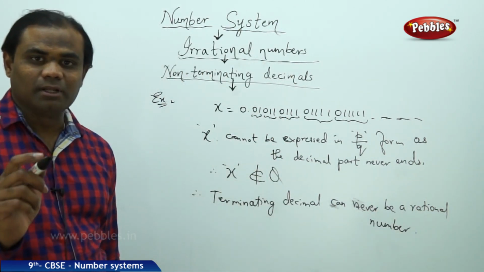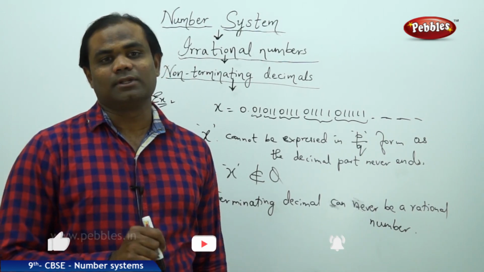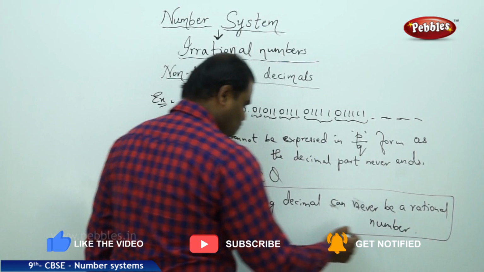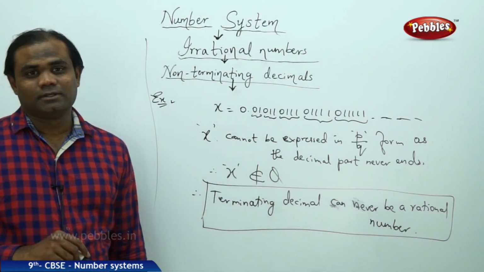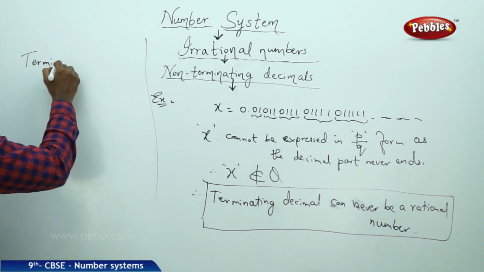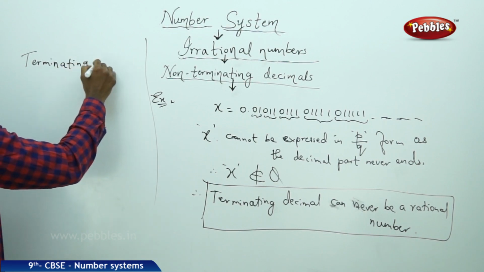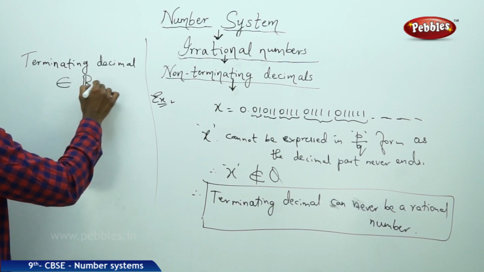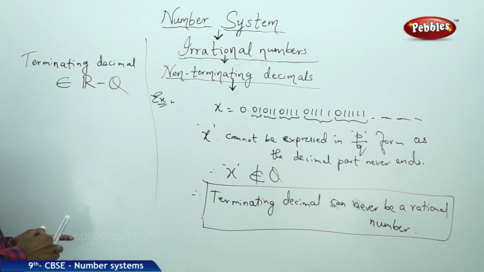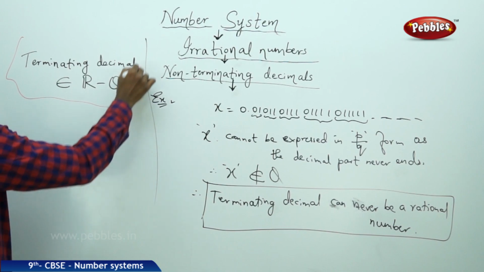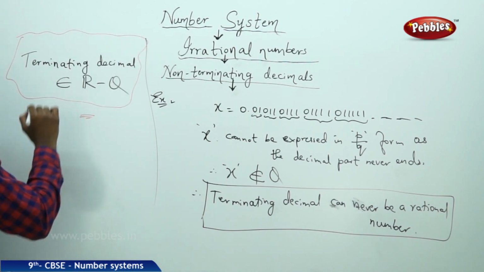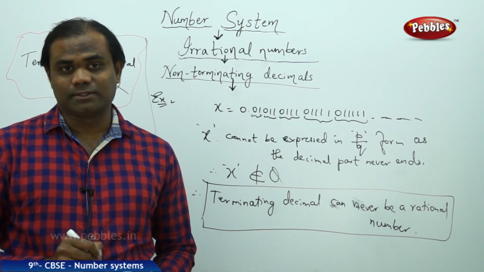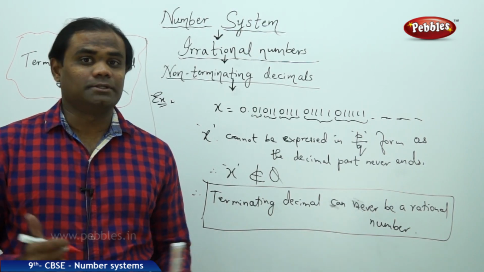A terminating decimal is always an irrational number, is how we identify the property out here. So the outcome is that the terminating decimal belongs to R minus Q, is how I understand the property of the terminating decimal being an irrational number always, can never be a rational number.